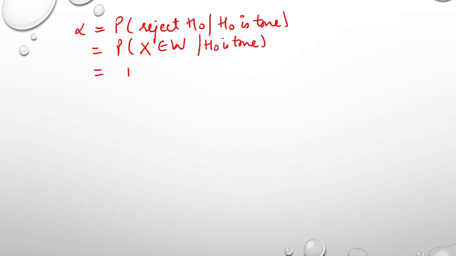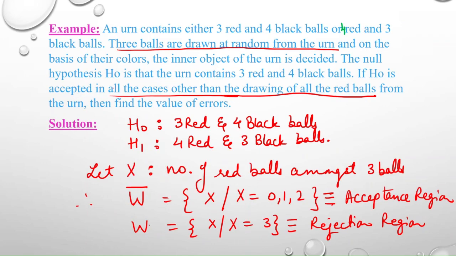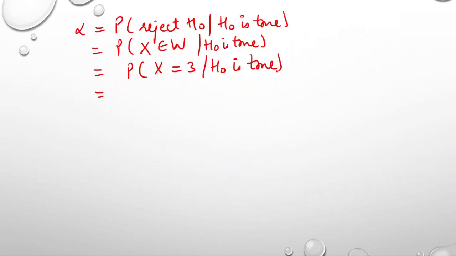So this would be P of X equal to 3 when H naught is true. When H naught is true, the urn has 3 red and 4 black balls, and we are looking for the probability that all the 3 balls selected from the urn are red. So the probability would be 3C3 over 7C3, and we can calculate its value.